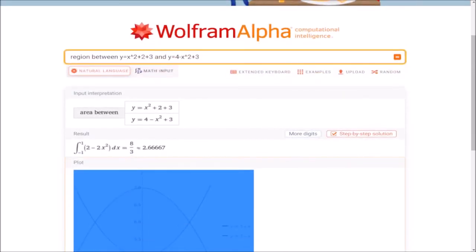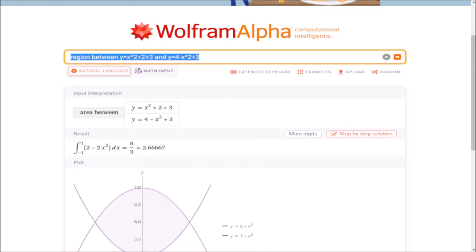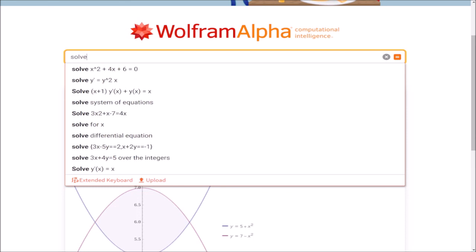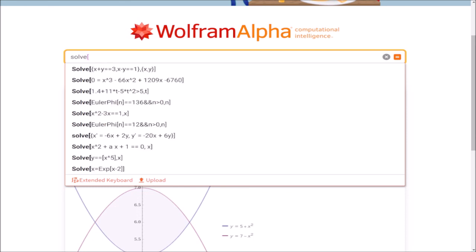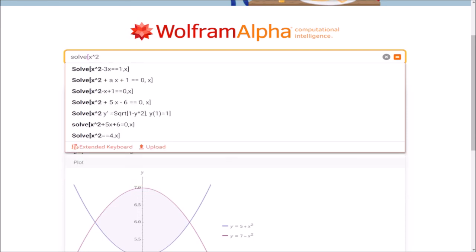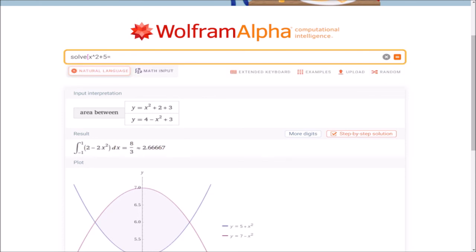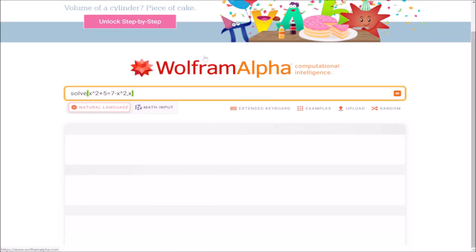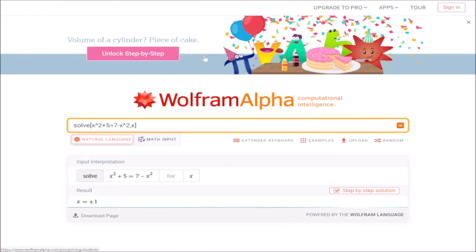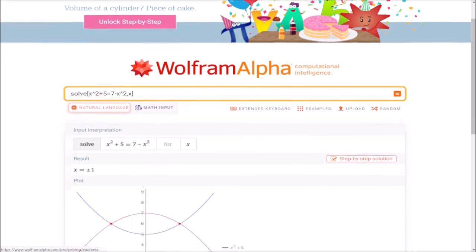For now, I'm just going to stick with Wolfram Alpha. So it's x squared plus 5 is equal to 7 minus x squared. We want to solve that for x, and we get plus or minus 1.